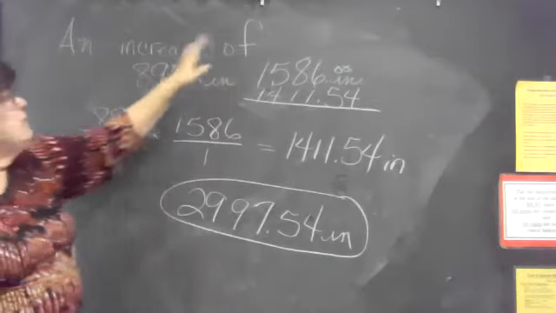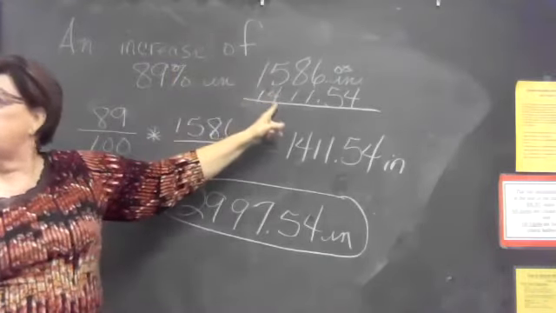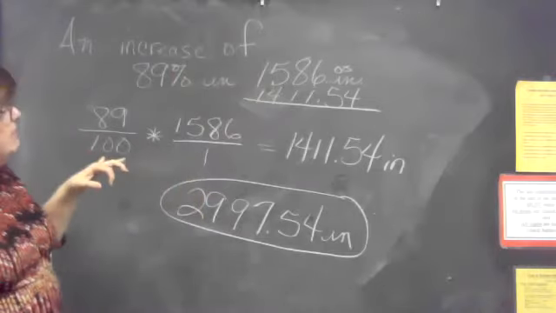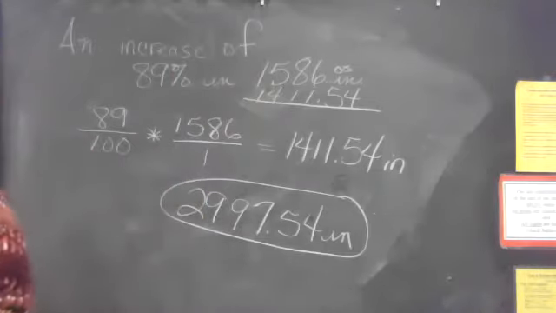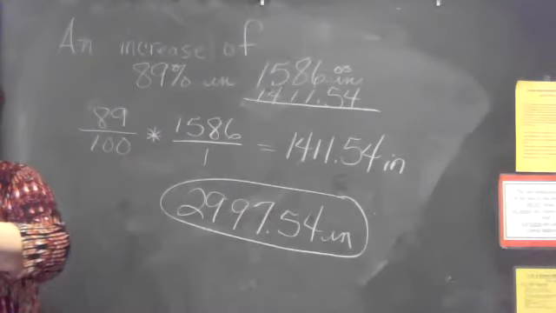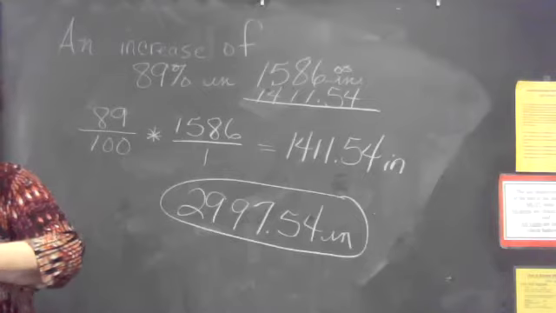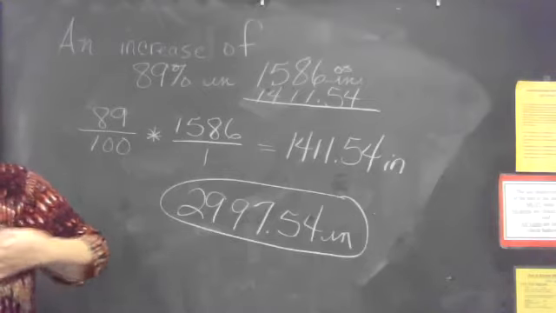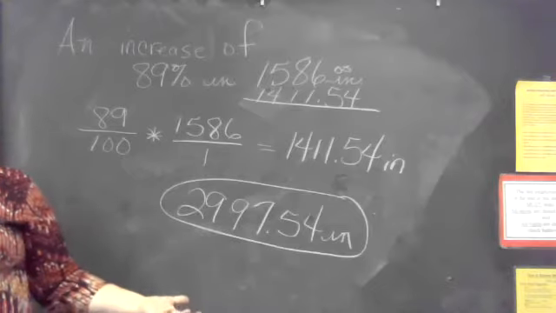So we find 89% of this, and that's the 1411. And the 1411 is only how much we're increasing. We started with the 1,500. We're going to add 1,400 more. We have to add the increase to find out what our final answer is.